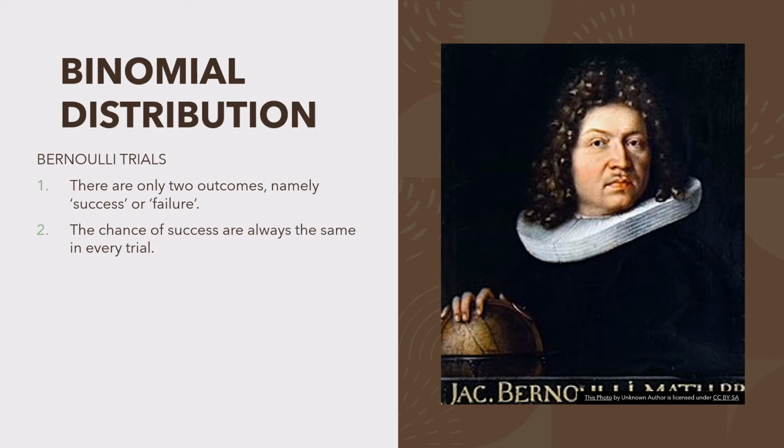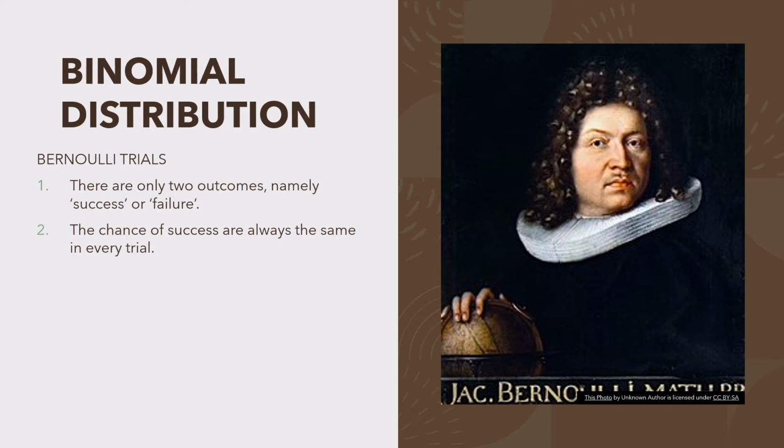In discrete random variables, we have learned about how an event happens if we have multiple trials. For example, if we toss a coin multiple times, for the first toss there should be only two outcomes, which is head or tail.